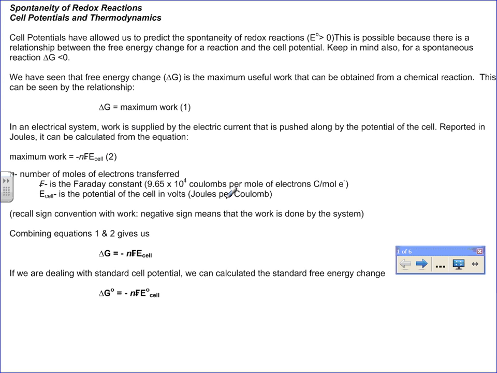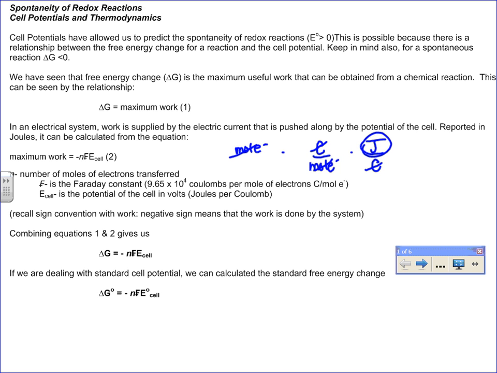So if we've got Faraday's constant, which is 9.65 times 10 to the 4, the amount of charge per mole of electron, and we know the cell potential, which gives us the joules per coulomb of charge, if we multiply that by the moles of electron that are transferred in a particular reaction, then we can determine the amount of joules, or the amount of maximum work that is available to be done by the system.